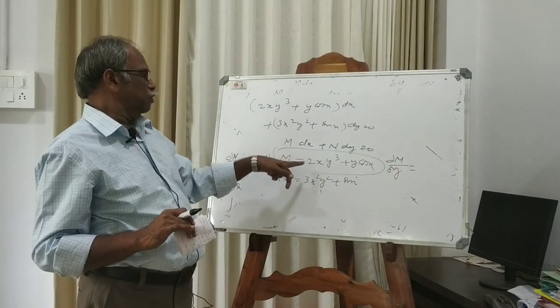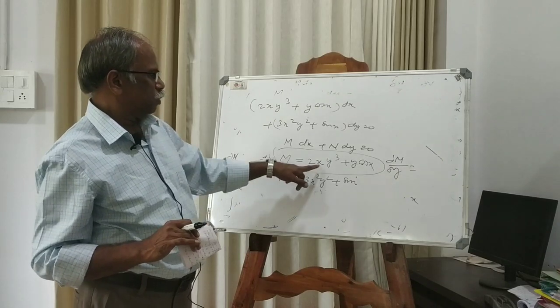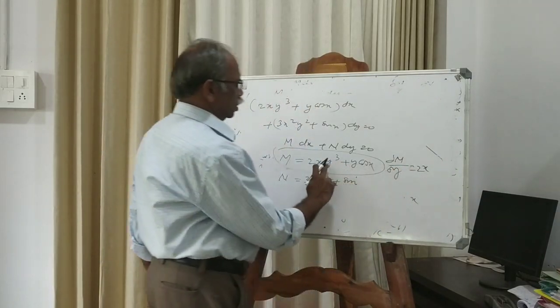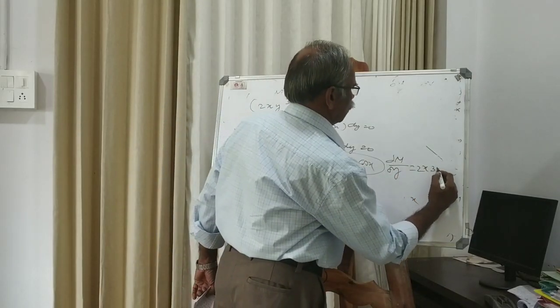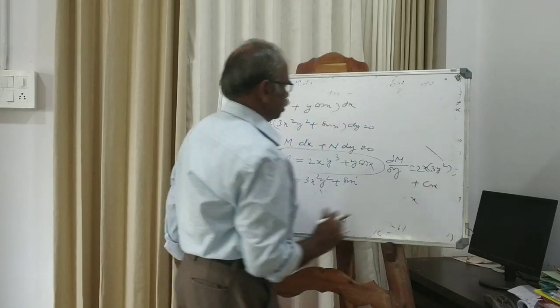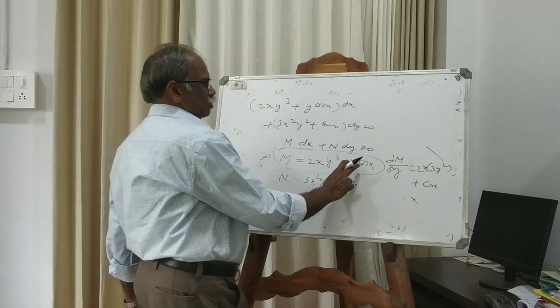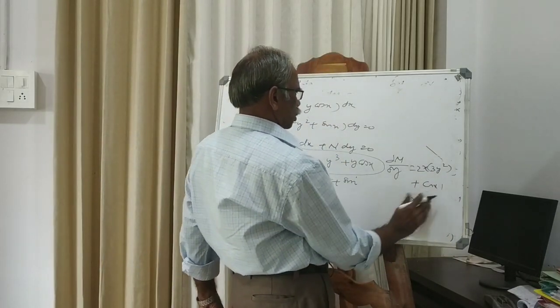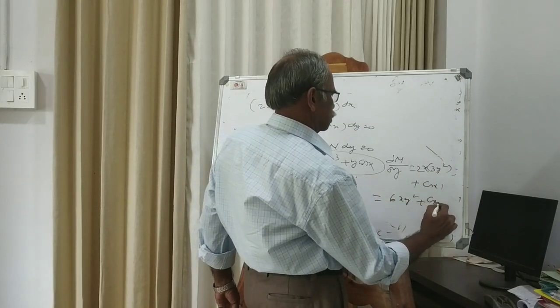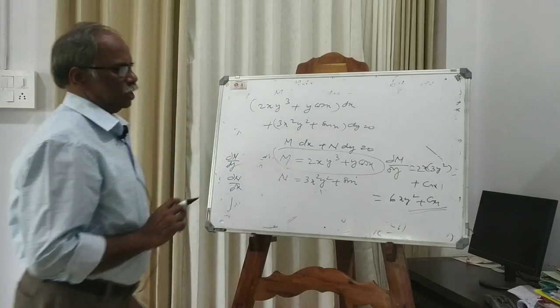So, what is the derivative of M partially with respect to y? Here 2x is a constant, and the derivative of y^3 with respect to y is 3y^2, and here cos x is a constant and the derivative of y is equal to 1. So, this becomes 6xy^2 plus cos x. This is the first partial derivative.